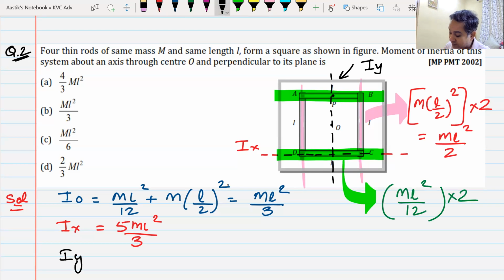What is the answer that you are getting? ml square by 2 plus ml square by 6. What is the answer?